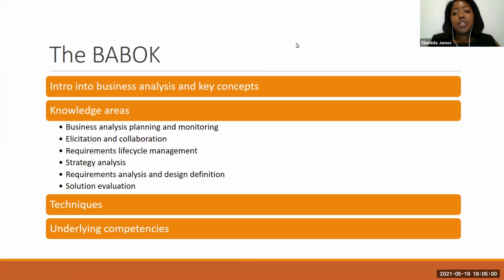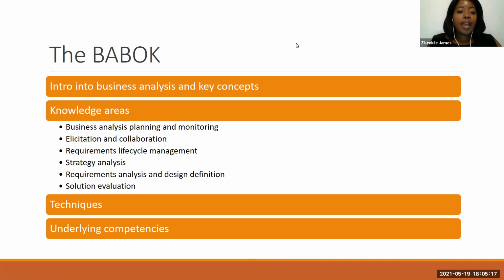So the very first thing that you need to understand before you embark on your certification journey, especially if you're focusing on the core certifications, is that you will need to go through the BABOK before you even make a decision on which core certification you will do.